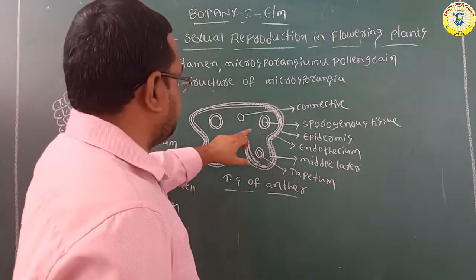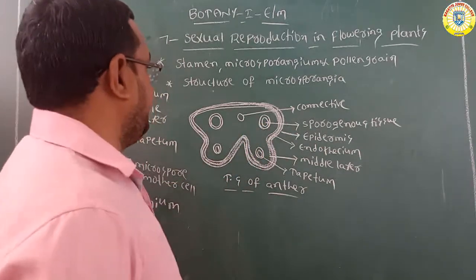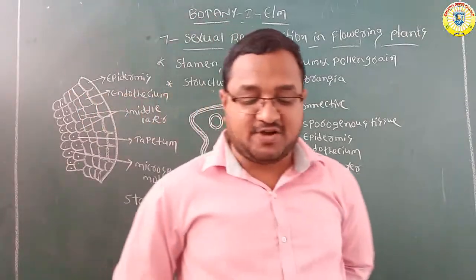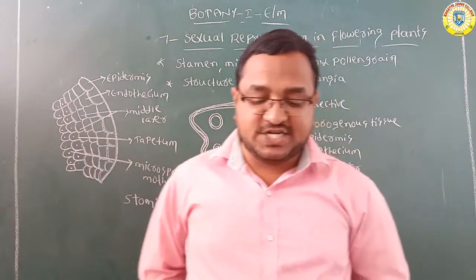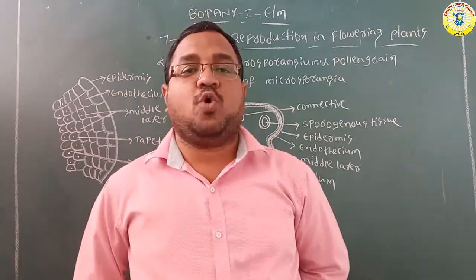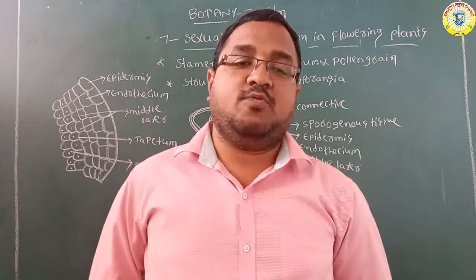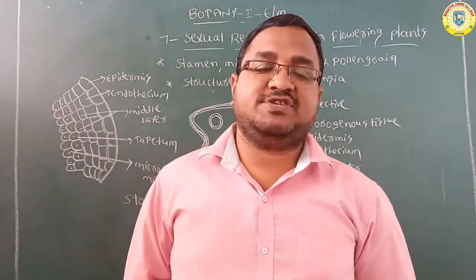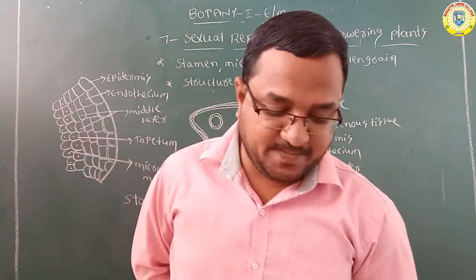How are these sporogenous tissues developed? These are compactly arranged homogeneous cells that form sporogenous tissue at the middle of the microsporangium.